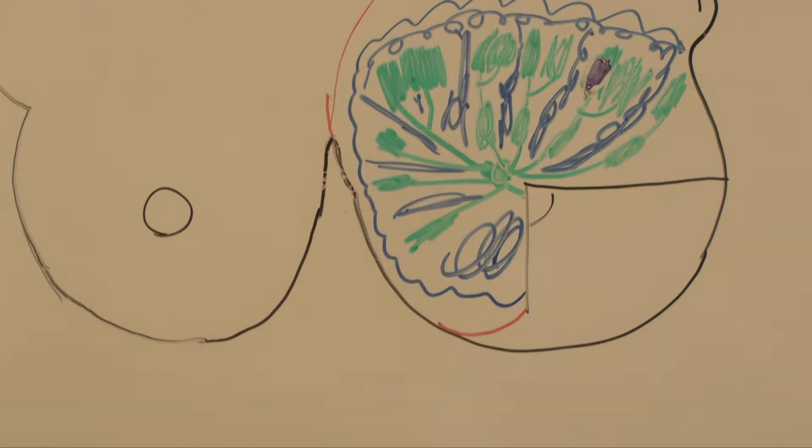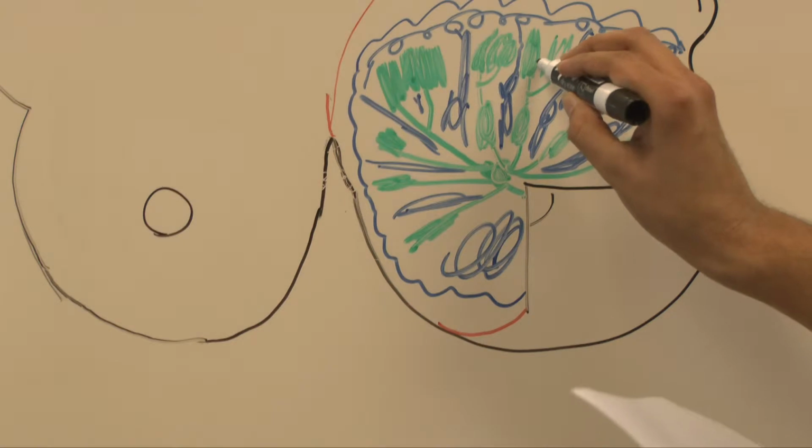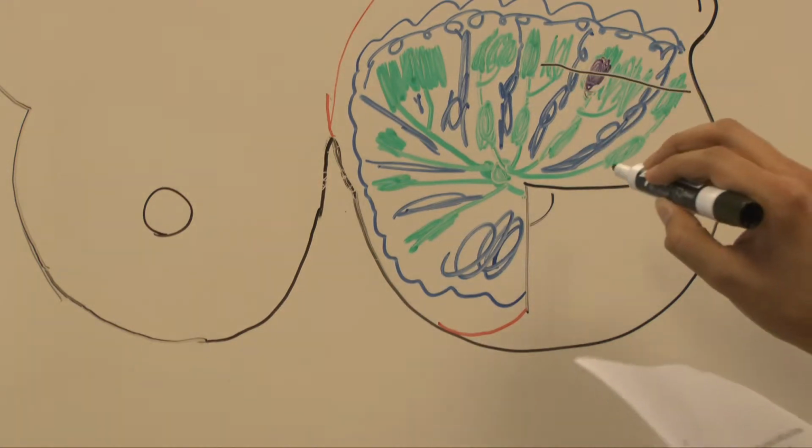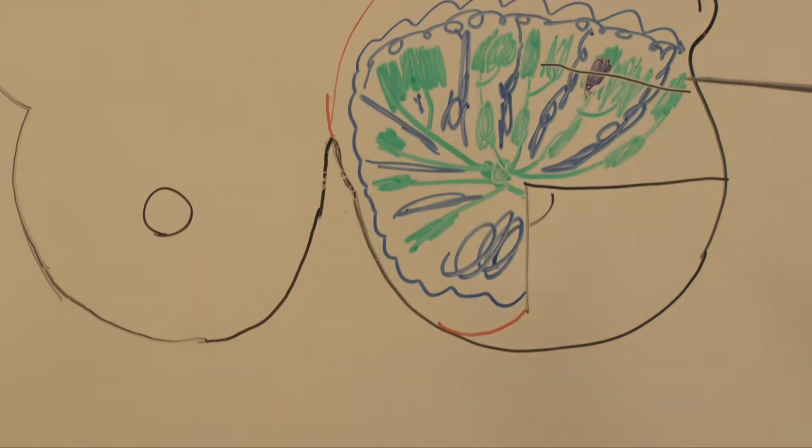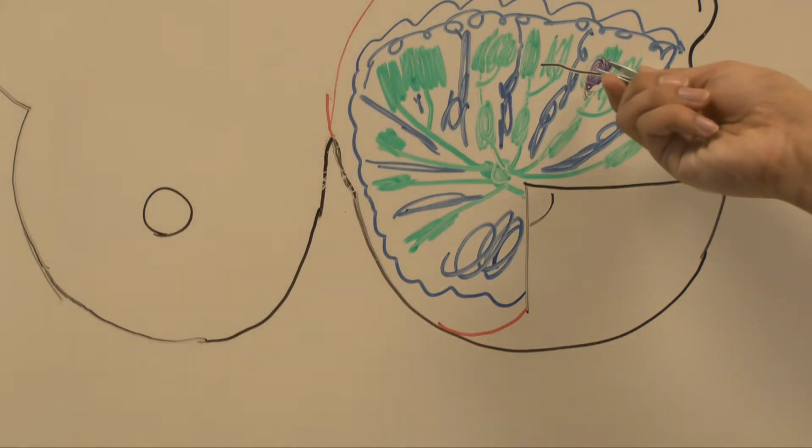So, wherever we detect the tumor, we would make an incision over it, move away part of the tissue, and locate the tumor. Afterward, we would use a cork and simply take out the localized tumor.